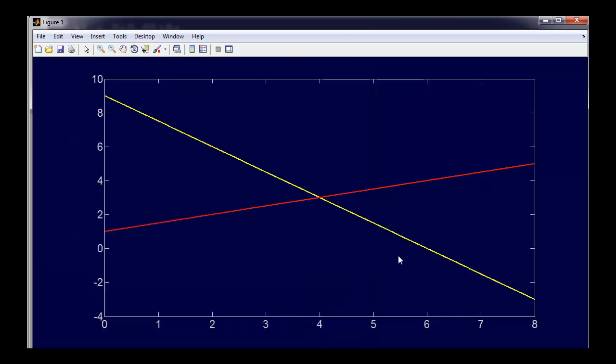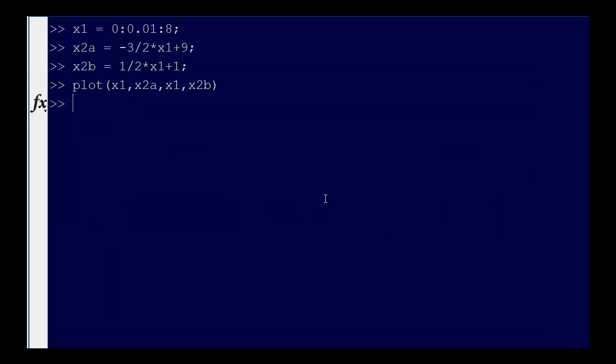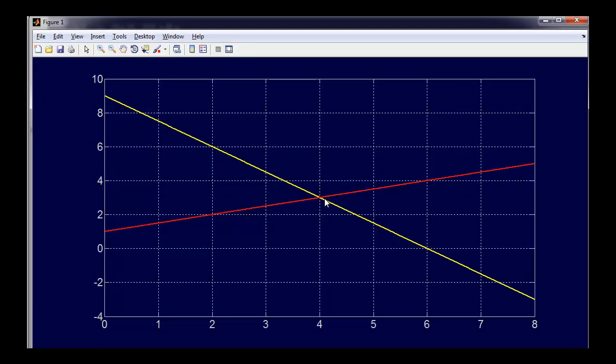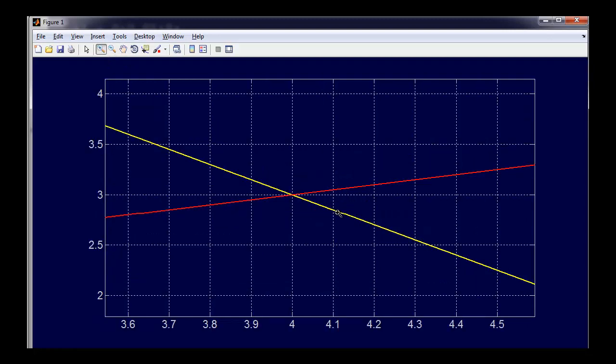And let's make it a little bigger so we can see it. And then we can see where the two lines cross. I'm just going to put grid on. All right, so we can zoom in a little bit if we feel like it. They cross at x1 equals 4, x2 equals 3.